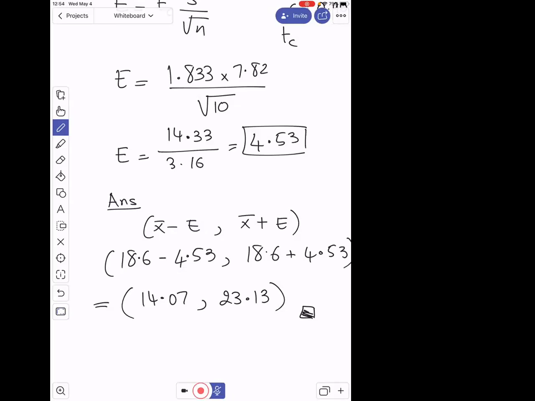Professor, I have a question. Yeah, please. Is there a possibility that the answer is between a negative and a positive number? I'm not talking about now, I'm talking about in general. Well, it depends on your variable. In this problem the variable is the number of goals scored, so it cannot be negative.